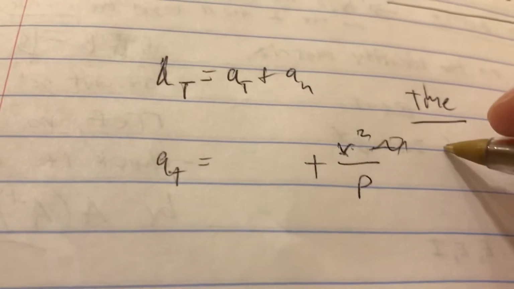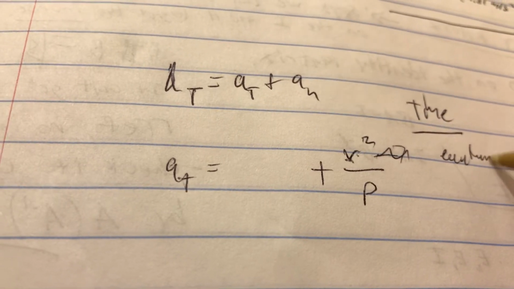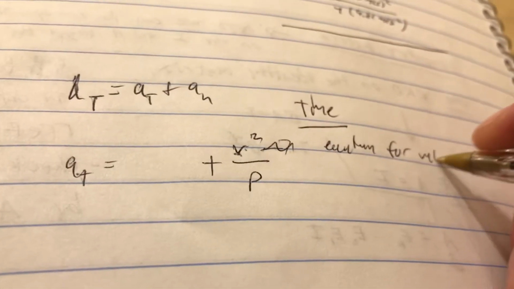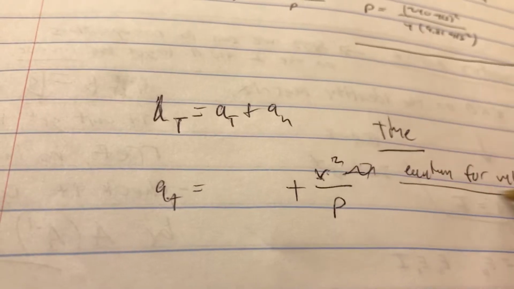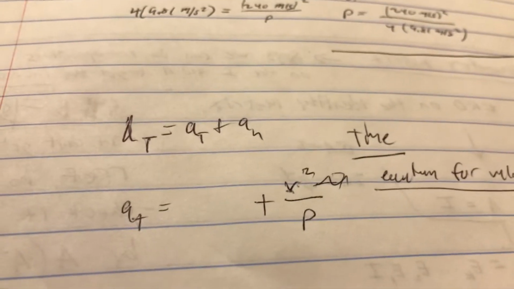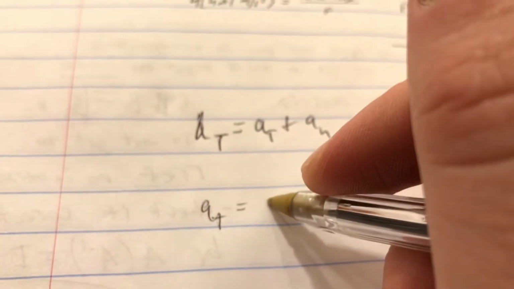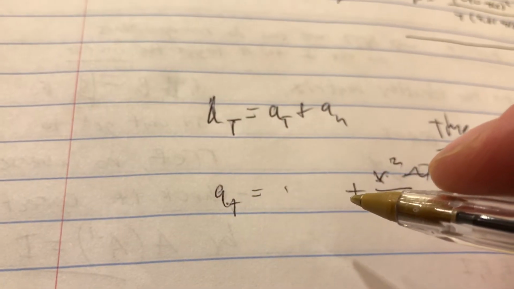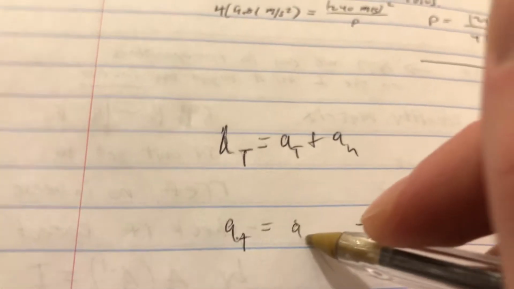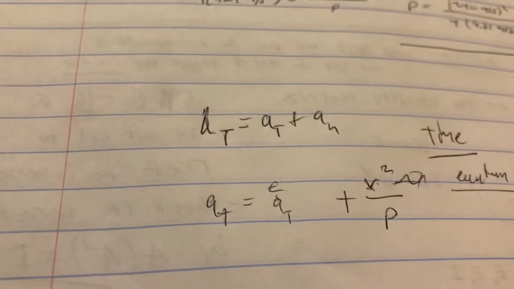or an equation for velocity where we could do separation of variables. We would also need this equation, which is just the tangential acceleration vector.